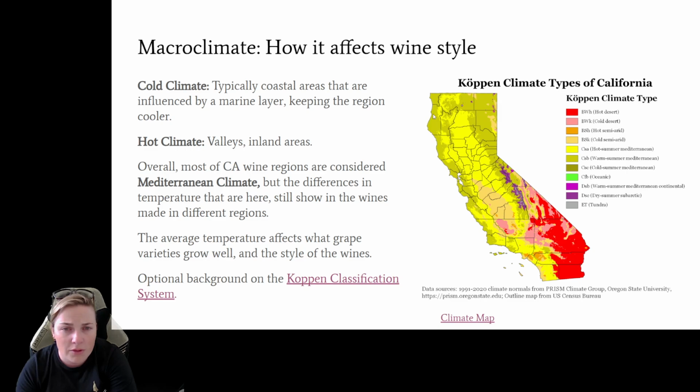So overall, most of California wine regions are considered Mediterranean, but there are still differences in temperature here. So it still shows in the wines made from the regions. The average temperature affects what grape varieties grow well and also the style of the wines. So we just have a picture of the Köppen climate classification system and a climate map. You're welcome to take a look at it, but as you can see, most of these regions are classified as either warm summer Mediterranean or hot summer Mediterranean, right?